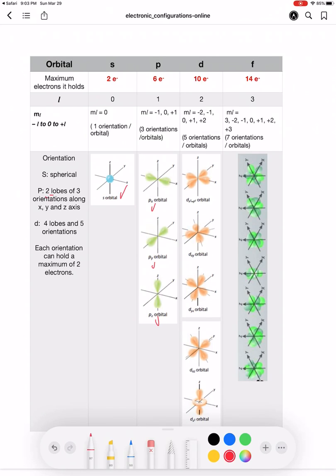I put it for you here, 2 lobes. This is what I mean by lobe, this one and this one. So you have 2 of them. Okay, the d has 4 lobes, and it's 1, 2, 3, 4, 5 orbitals, and each one of them can hold 2 electrons, so a total of 10, and f is 7. Right? Okay.